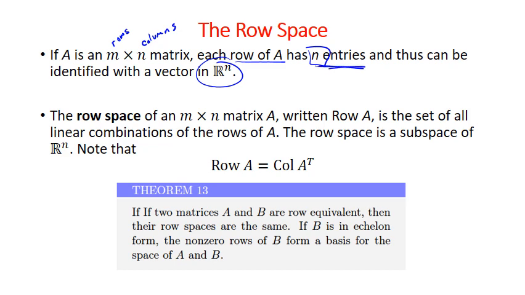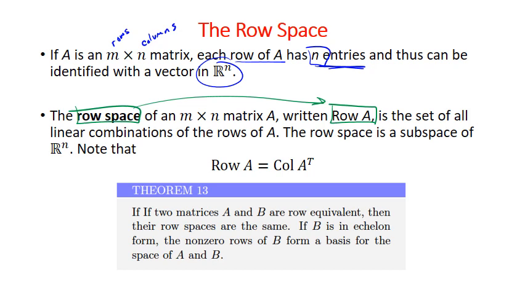Okay, then going on to the definition of row space. The row space of an m by n matrix is written row A. So row space and row A are equivalent. It's the set of all linear combinations of the rows of A, and the row space is a subspace of Rn.